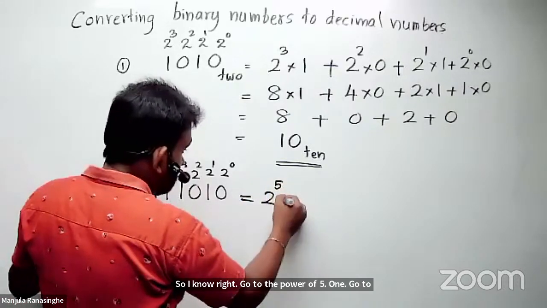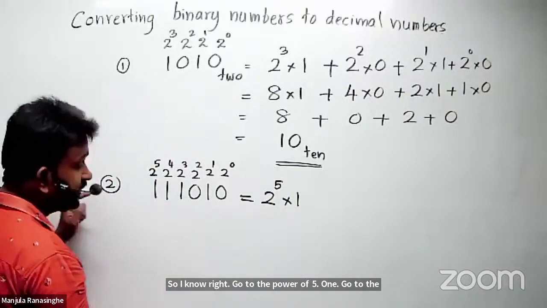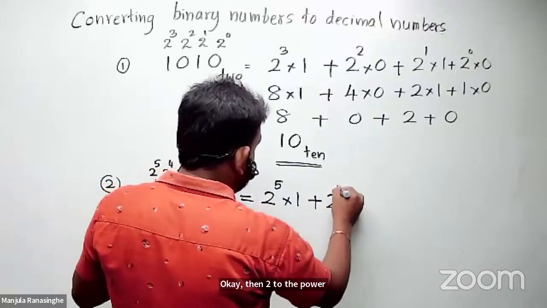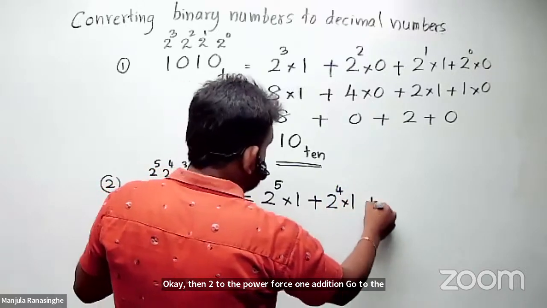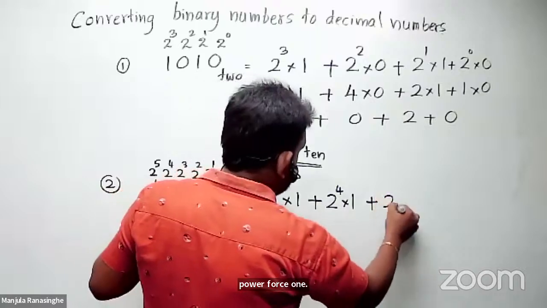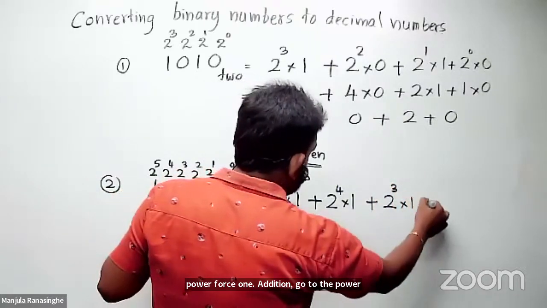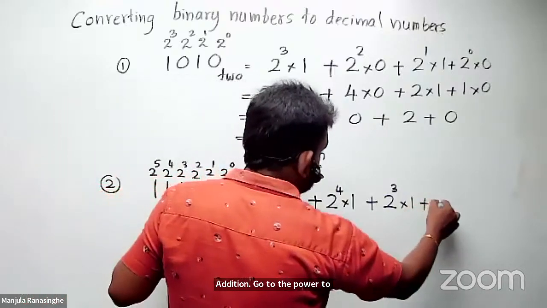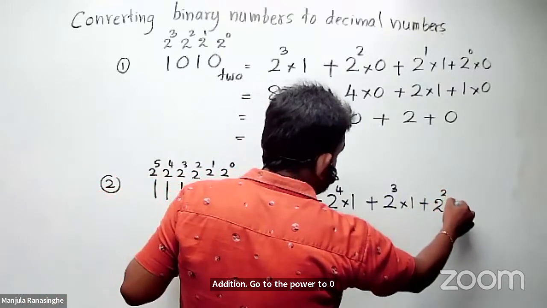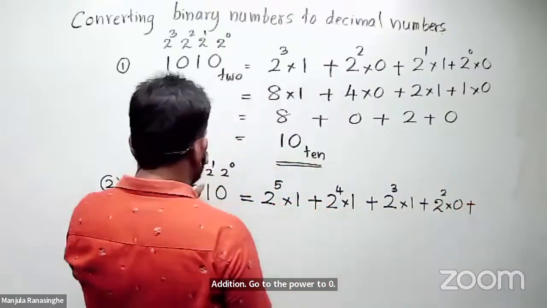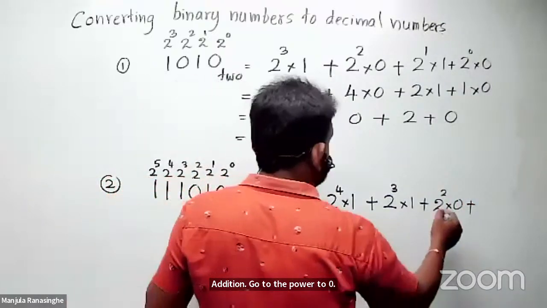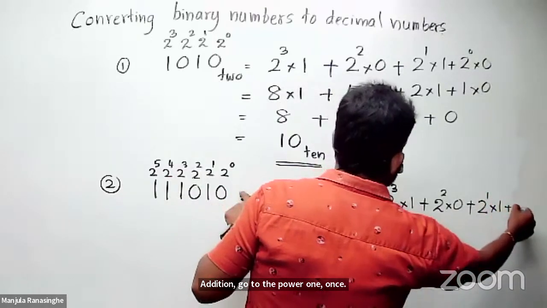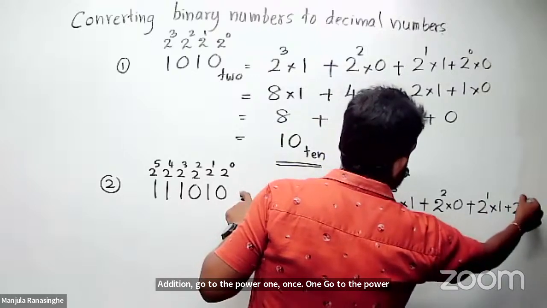Then 2 to the power 4 is 1. Addition. 2 to the power 3 is 1. Addition. 2 to the power 2 is 0. Addition. 2 to the power 1 is 1, plus 2 to the power 0 is 0.